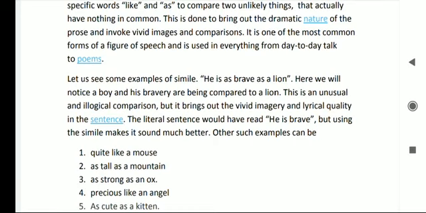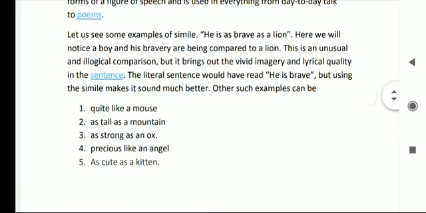Other such examples can be quiet like a mouse, as tall as a mountain, as strong as an ox. These are examples of simile.